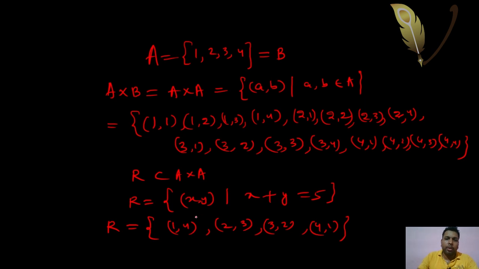These are the elements of ordered pairs (x, y) such that x plus y equals 5. So R is this relation. Here R is a subset of A into A, so R is a relation on A. We can say that because A is the same as B.